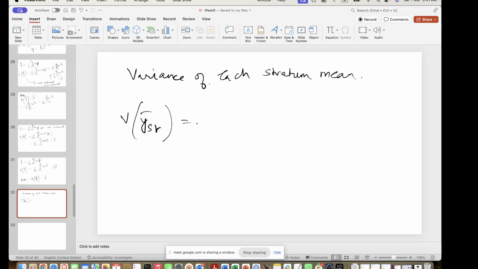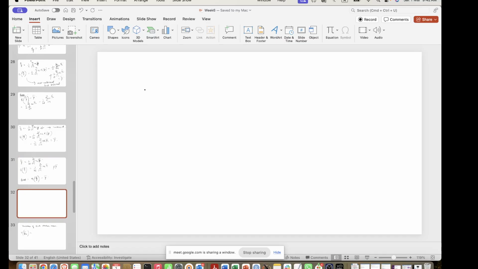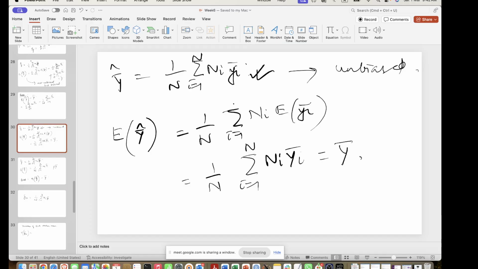We are going to prefer unbiased estimators always. So the one that was unbiased, let that be y bar st. It was 1 by n summation i equal to 1 to k, because I have k strata, ni yi bar. Let me make this modification. So here I have k groups.